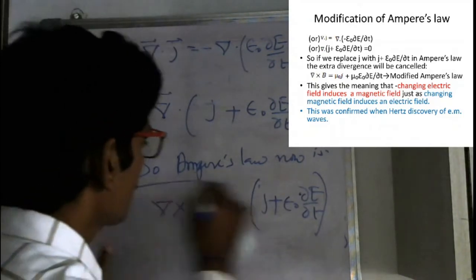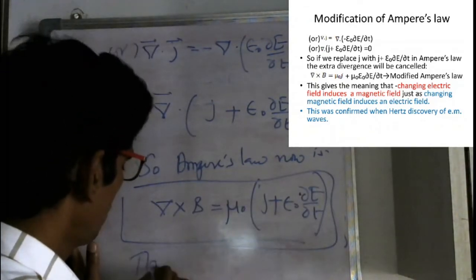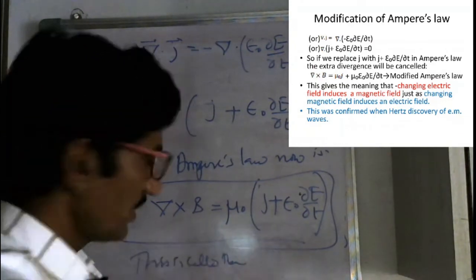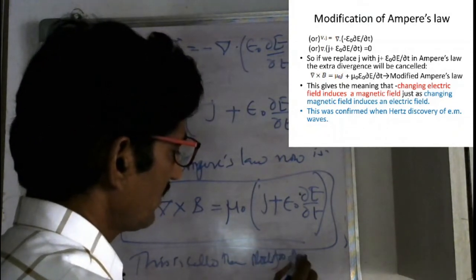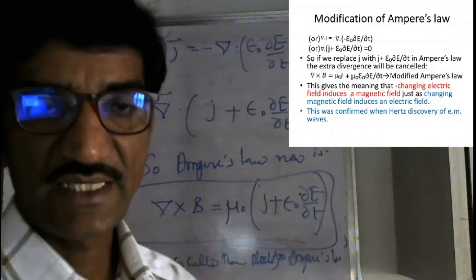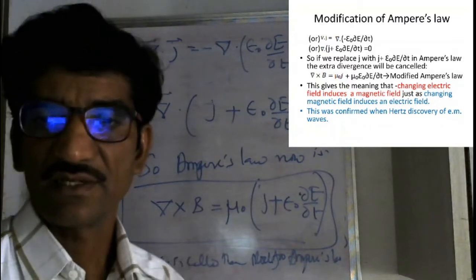Okay, what is this? This is called the modified Ampere's law. See, it is applicable for both steady and non-steady current.